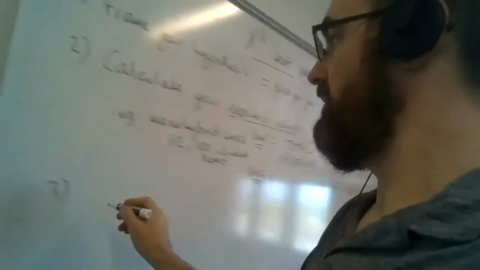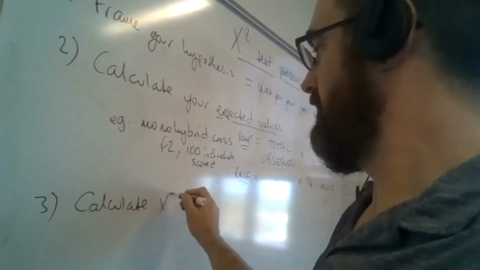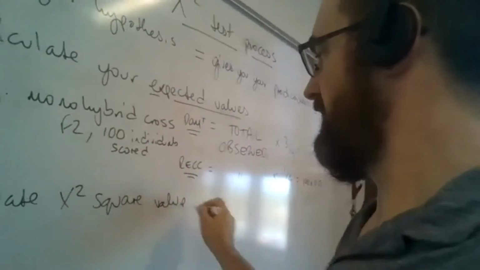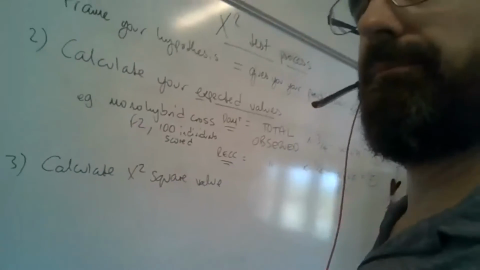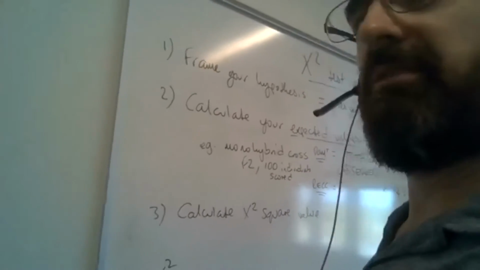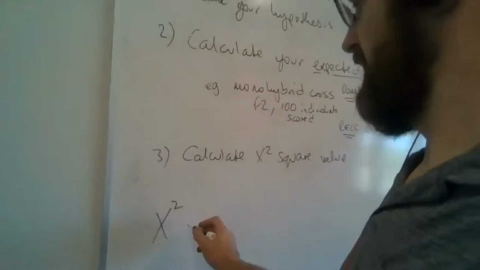Right. So now we need to calculate our chi-square value. So use a funky X, the 2 on the top.